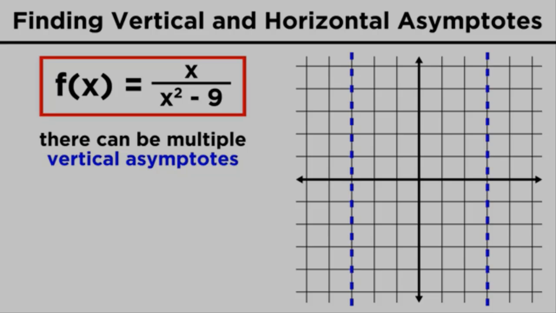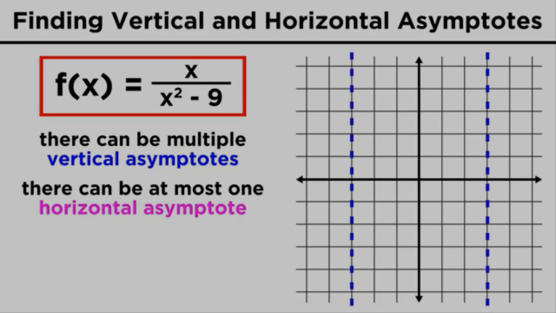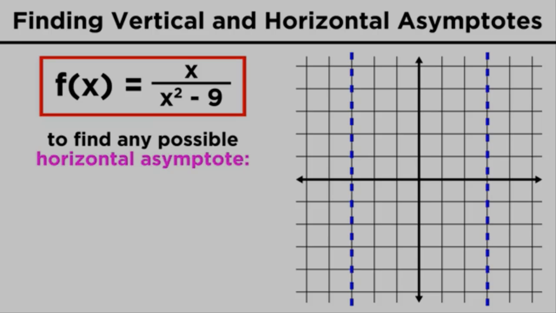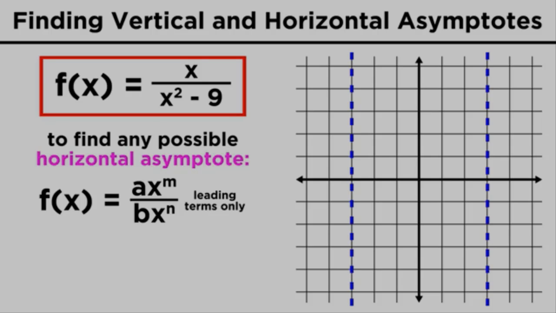We should note that while there can be multiple vertical asymptotes, there can only be one horizontal asymptote at most, so it's either 1 or none. To find out which, we list the numerator and denominator of the function as polynomials in standard form, not as products of factors. Then we look at the leading terms.